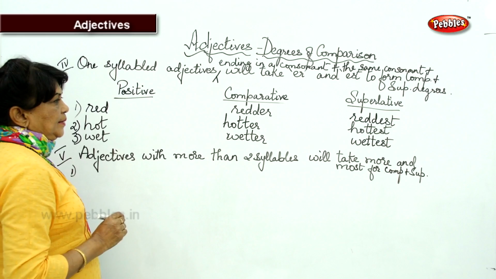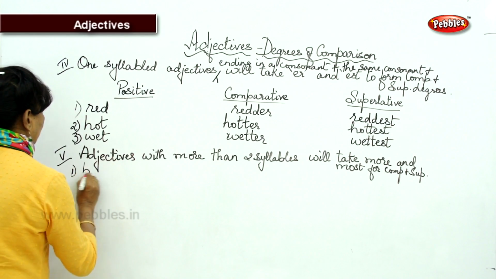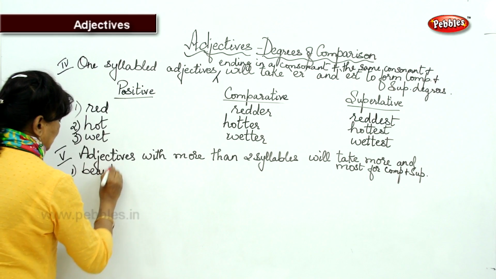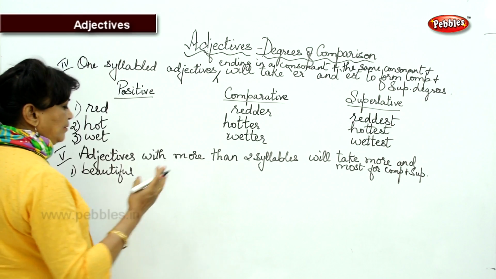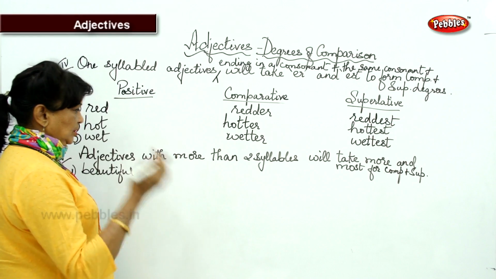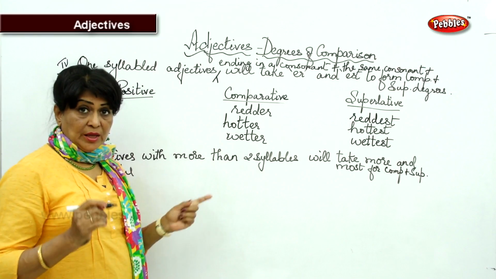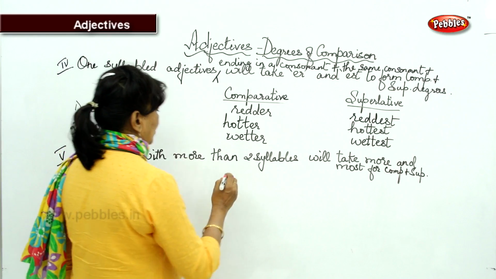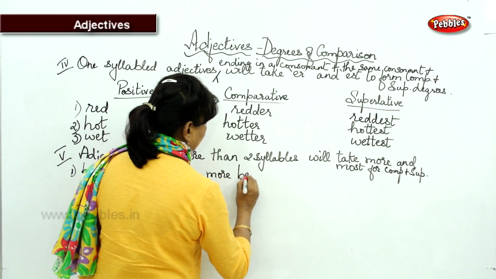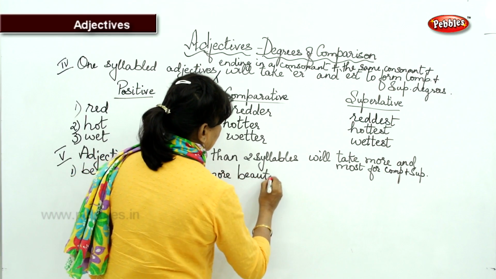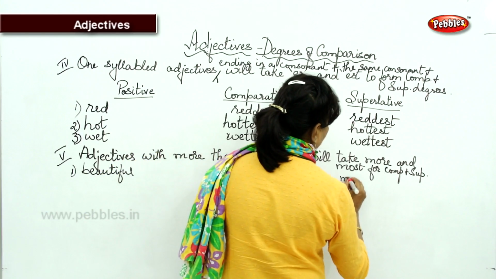What shall we say? Beautiful. How many syllables does it have? Beautiful. 3 syllables. We can't say beautifuler and beautifulest. We always say more beautiful and most beautiful.